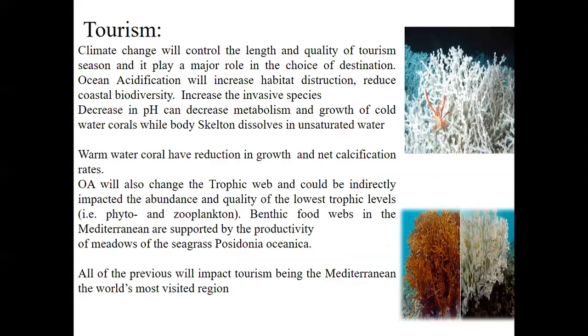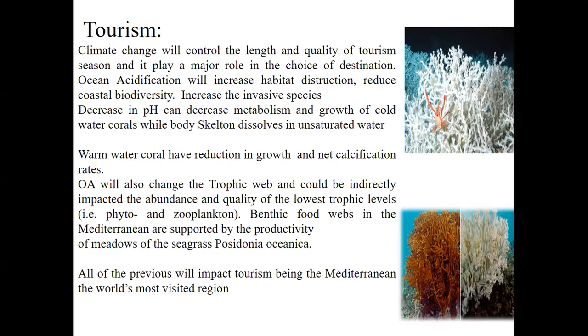By increasing temperature, the season and the direction of tourism will move to other countries. So the low income countries of the South Mediterranean will lose another source of income. In addition, ocean acidification will increase habitat destruction, reduce coastal biodiversity, and increase invasive species.